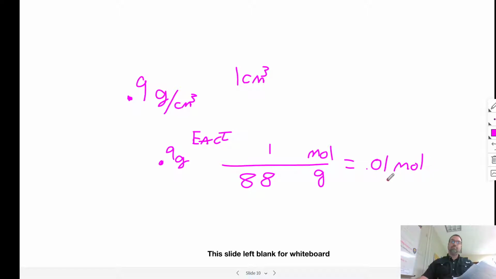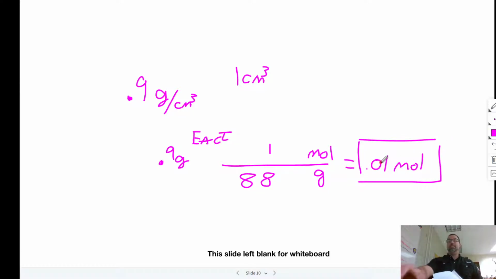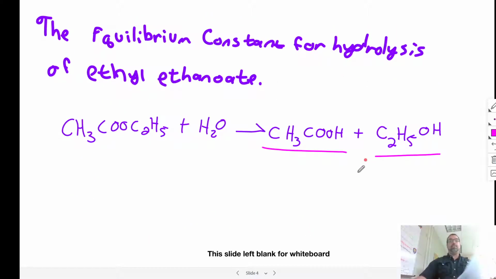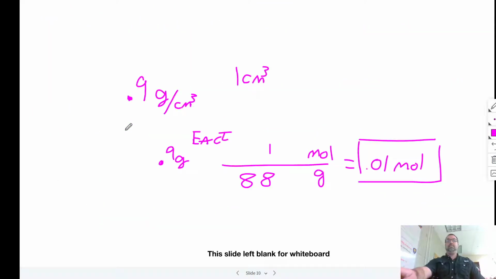Now we also know that this is how much we put in. But we know from our first image here that some of this got used up, and we know exactly how many moles of it got used up: 0.00675 moles. We know that because that's how much of our product we made.